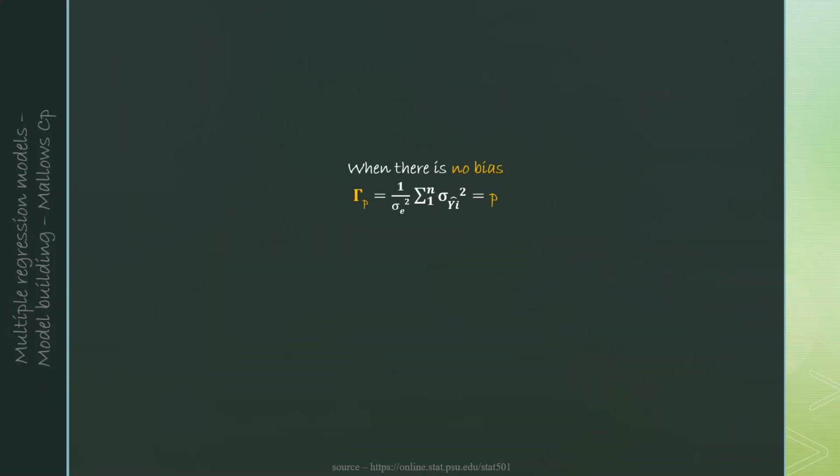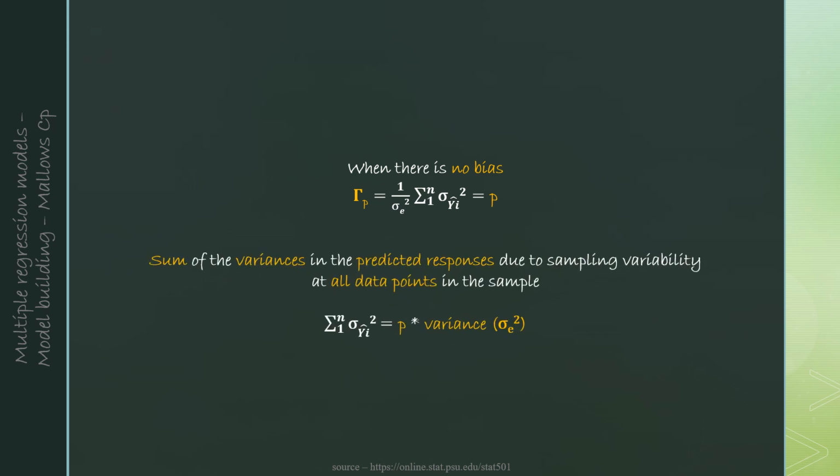When there is no bias, gamma p equals p implies the sum of the variances in the predicted responses due to sampling variability at all data points in the sample equals p multiplied by variance, which is sigma e square.